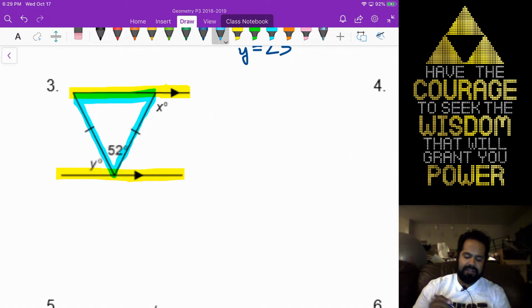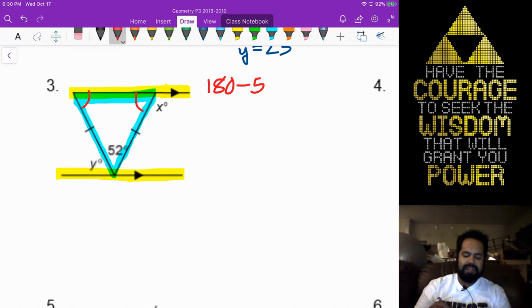So if we take a look at this, I don't know what these angles are, but I know they're supposed to be congruent. Let's pick a different color. So I can say, let's just call them Z, because why not? Or even simpler, I know some of you guys don't even want to use the letters, so let's just say that I know that the angles inside all have to add up to 180.